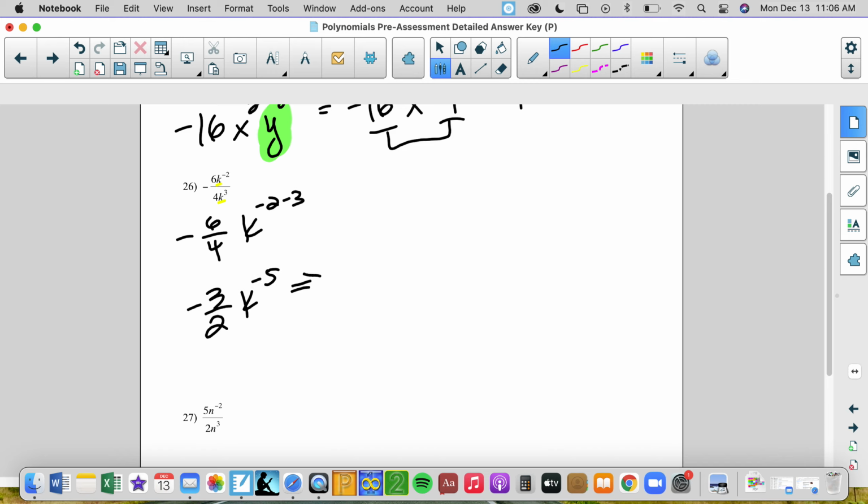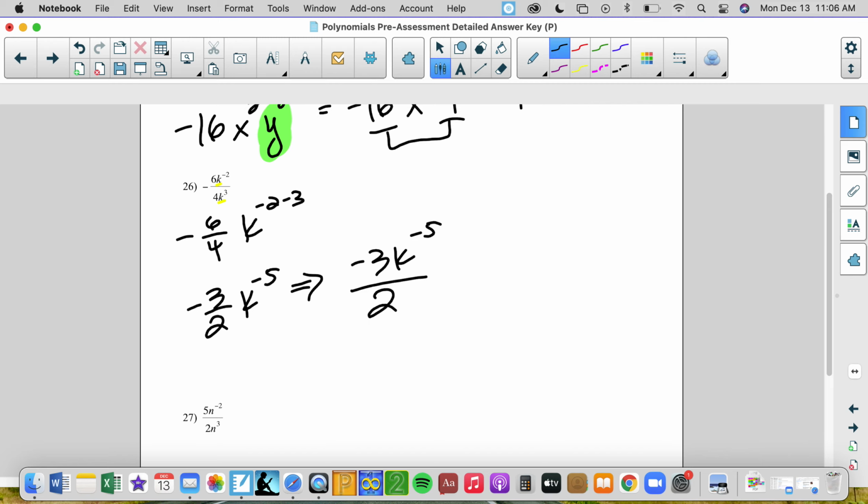Now, really important to understand, as I've mentioned a couple times, this takes place in the numerator. So we can put that up there with the 3, which is also in the numerator. Now our directions way in the beginning say that your answers should contain only positive exponents. So when we look at this problem, we see that we have a negative exponent.